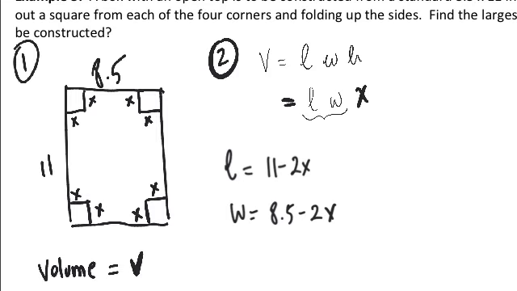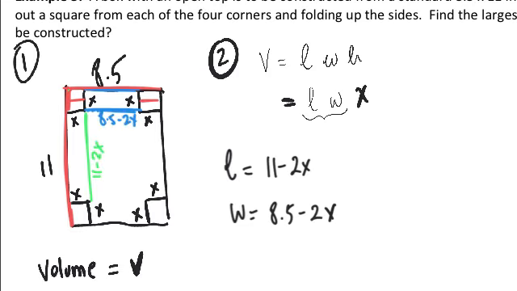And what we're saying there is that this width of the box will be equal to 8.5 minus 2x. And the length of the box, right, will be 11 minus 2x, right? So this is 11 minus 2x, and this is 8.5 minus 2x, okay?